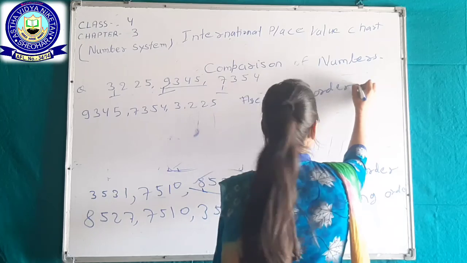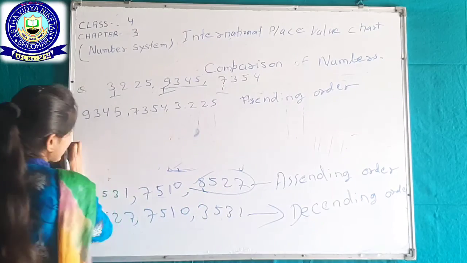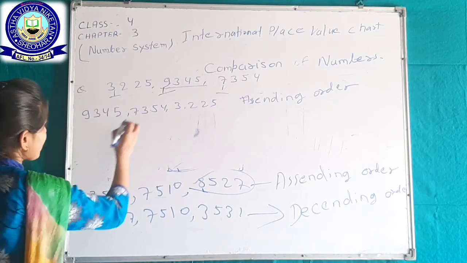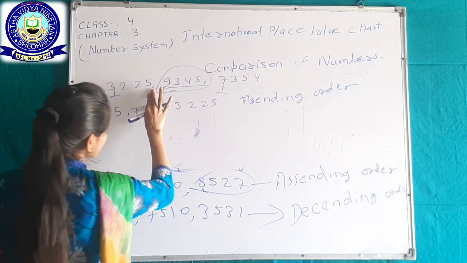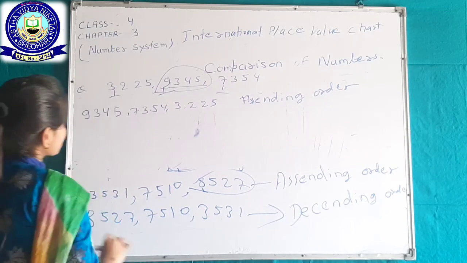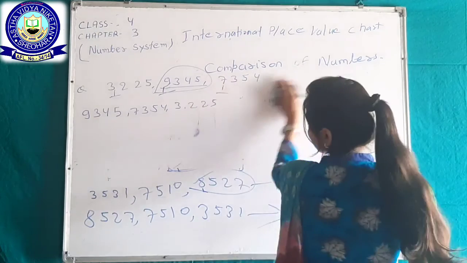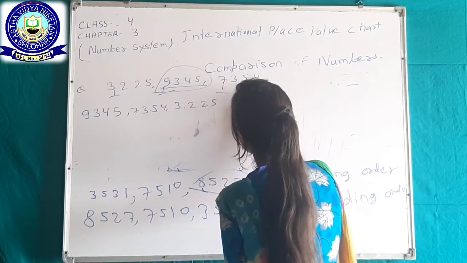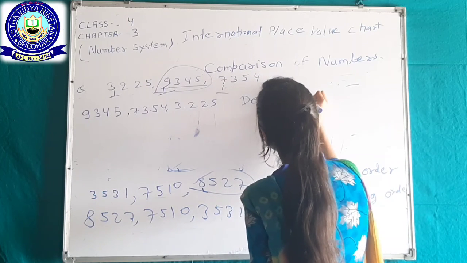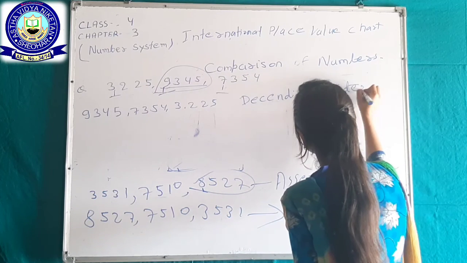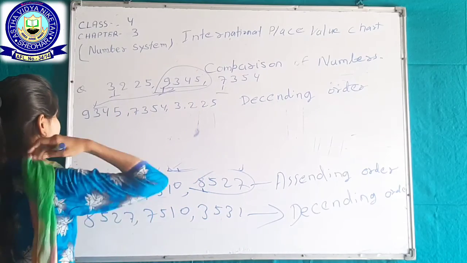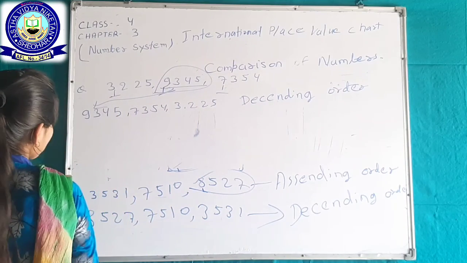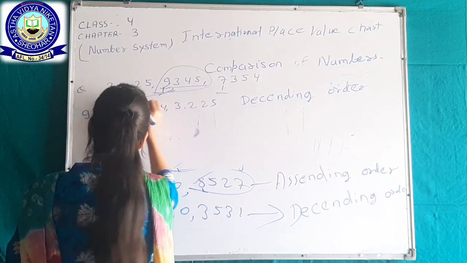And when we have to write it in descending order, we have to write it in this way. In descending order, you have to write the largest number of the given series, but in ascending order, we have to write the smallest number of the given series.